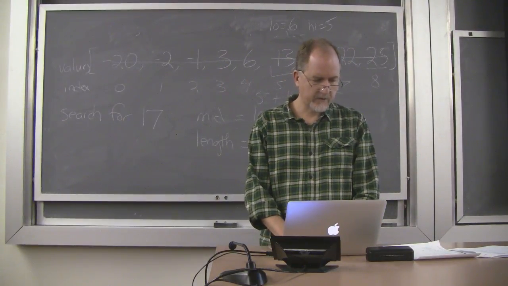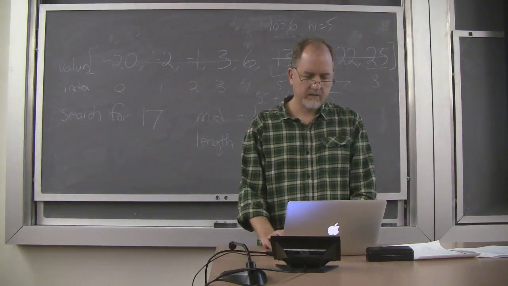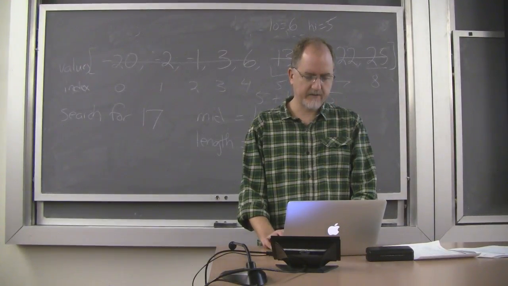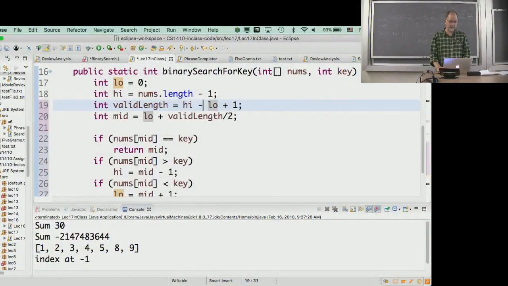Let's look at some code real quick. So last time, we got partway through this. We had our low, we had our high. This valid length is the length variable I'm computing here. High minus low plus 1. Middle equals low plus valid length divided by 2. And then we check the value at mid, and if it's equal to key, we return the mid.